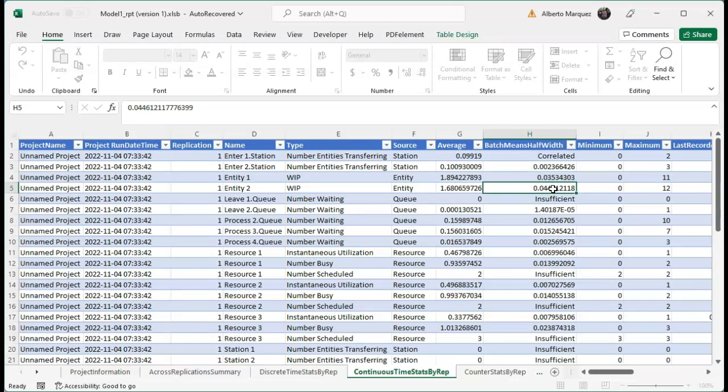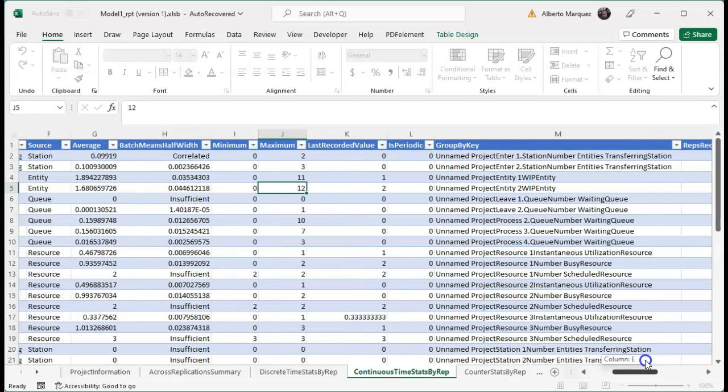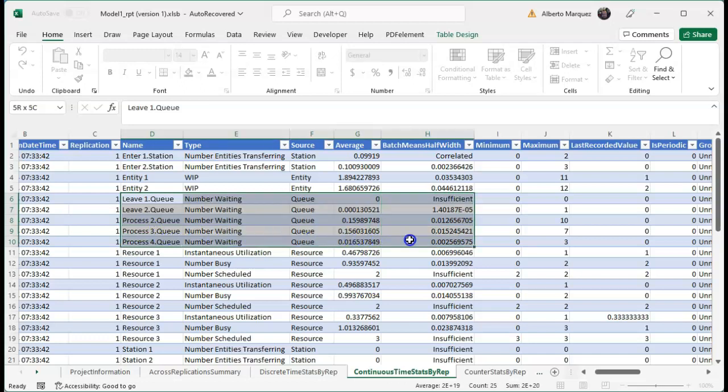That number is the upper limit on the mean, given that it's a sampling process, but in the observed behavior, it may not be very likely, we had a maximum of 12 entities at some point.